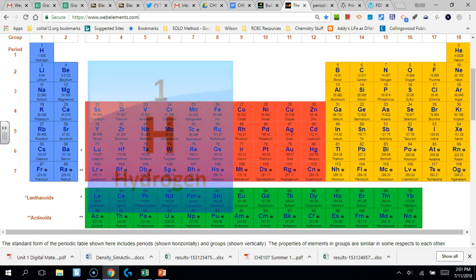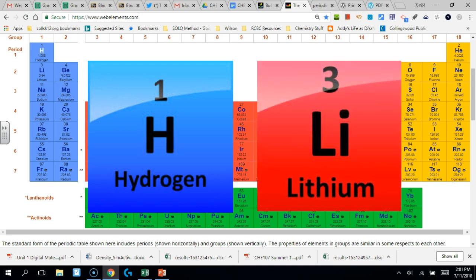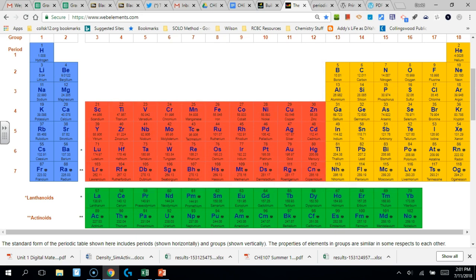What makes element number 1 different from element number 3 is that element number 1 has 1 proton. Element number 3 has 3 protons. There is nothing else that defines an element other than the number of protons. That is the one thing you can carry with you for the rest of your life about elements. They are defined by the number of protons.